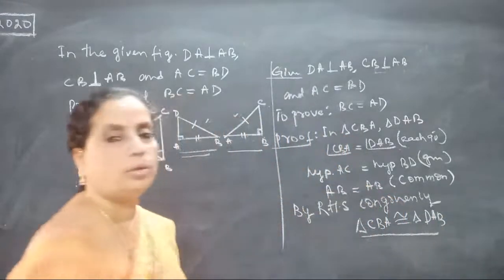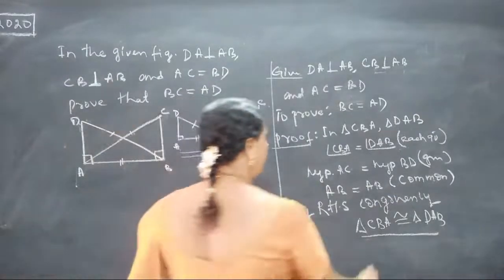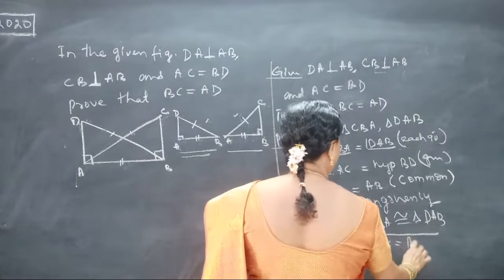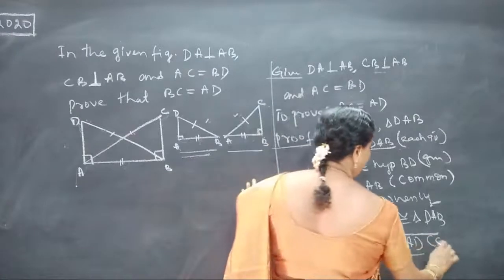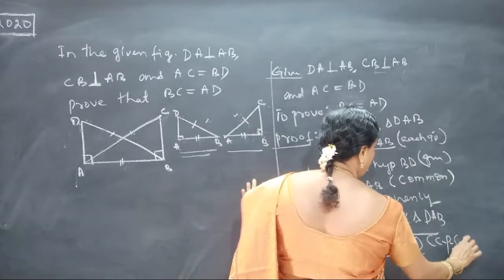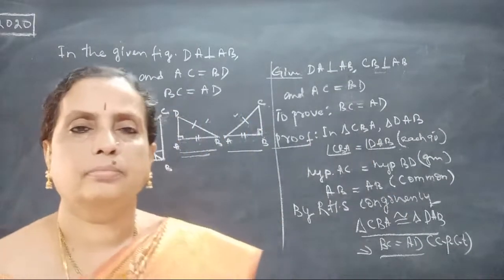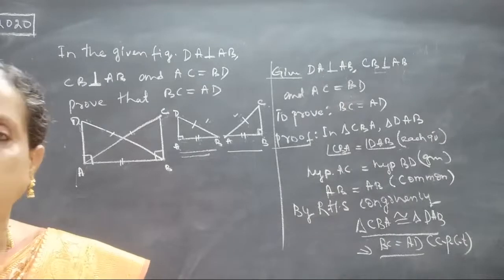After proving two triangles are congruent, its CPCT part is BC equals AD. In the bracket, right? It is CPCT. Hence the result.